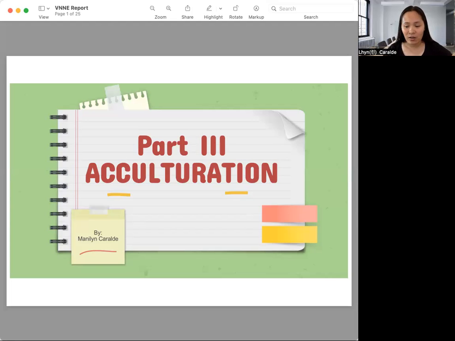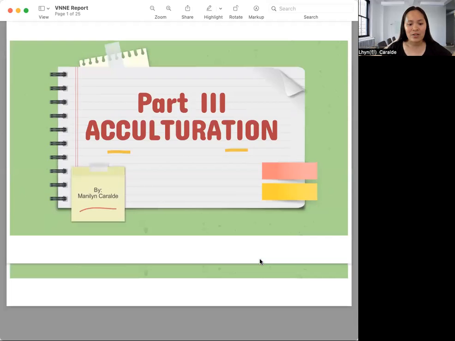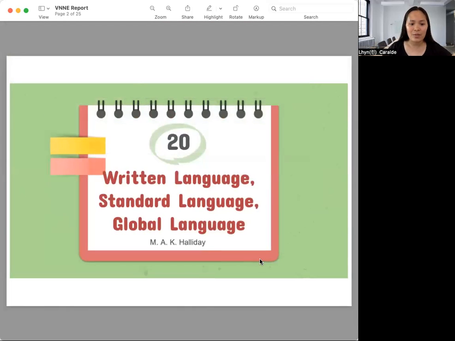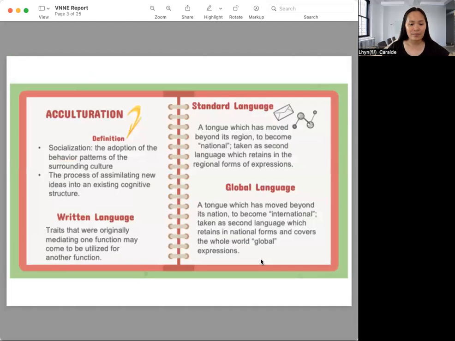The title is Acculturation. This part 3 covers 3 chapters, chapters 20, 21, and 22. Chapter 21 talks about the written language, standard language, and global language. So let's first define what acculturation is.